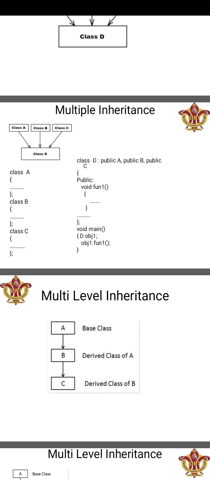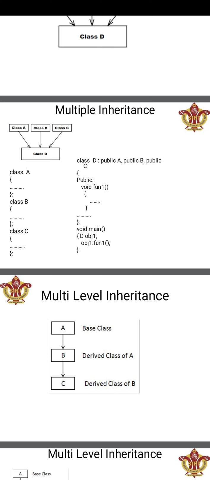in the class D. Then next we have written certain functions inside the public section, and since we have inherited classes A, B and C publicly, all the members of class A, B and C which were present in the public section of the parent classes will come into the public section of the derived class.